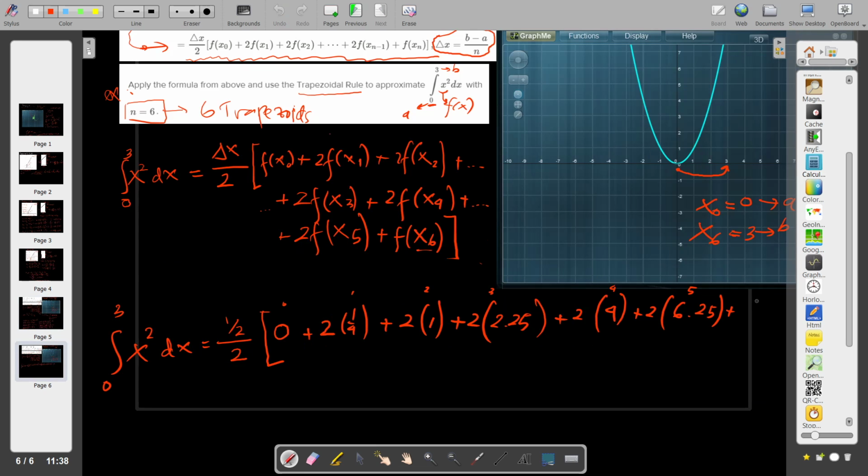Then you can do your calculation using a calculator, and you will get 73 eighths.